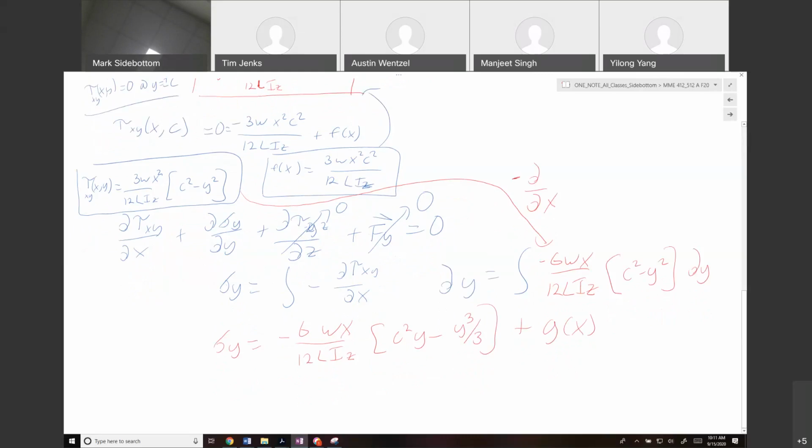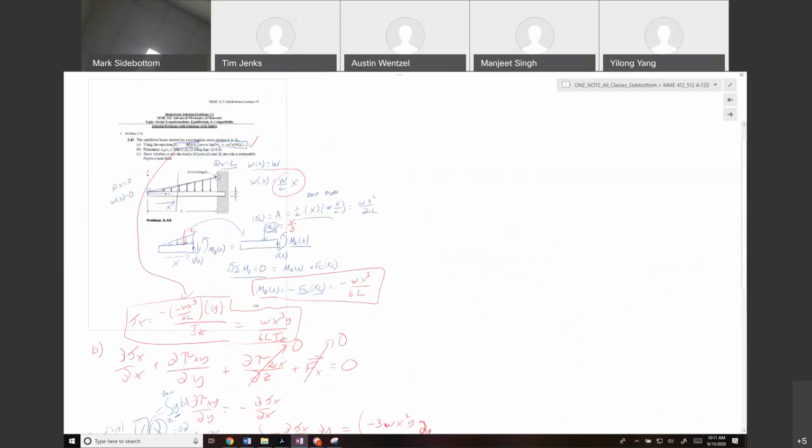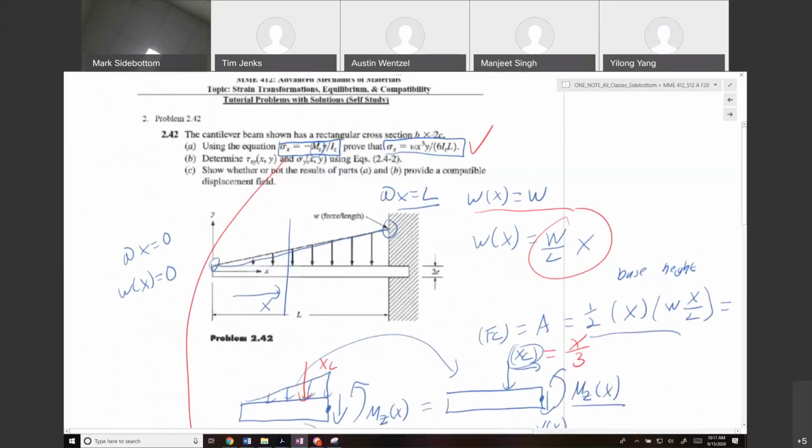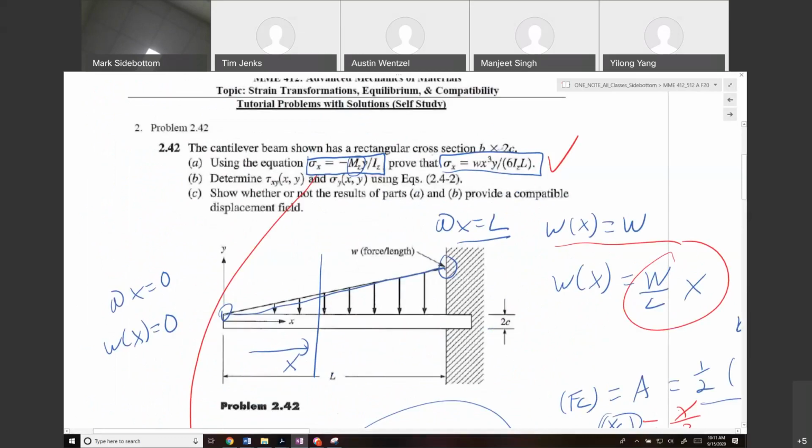So if we look at this beam, we have a load that's being applied on the top of the beam that varies as a function of x. But on the bottom of the beam, there's no applied load at all. So this is a free surface.